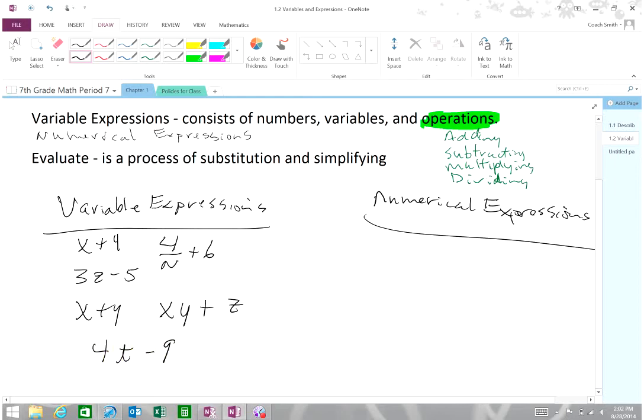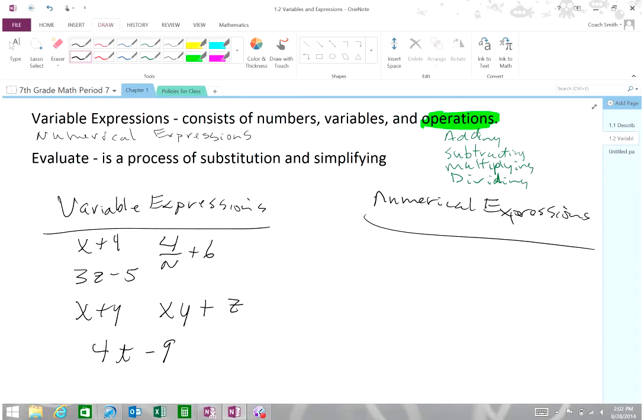Those are all types of variable expressions that consist of variables, numbers, and operations. As I stated a while ago, a variable expression can have just variables. It doesn't have to have numbers to make it a variable expression. It does have to have at least one variable and one mathematical operation.